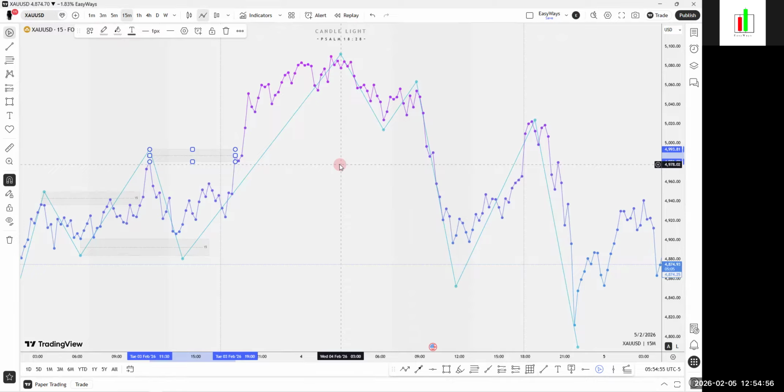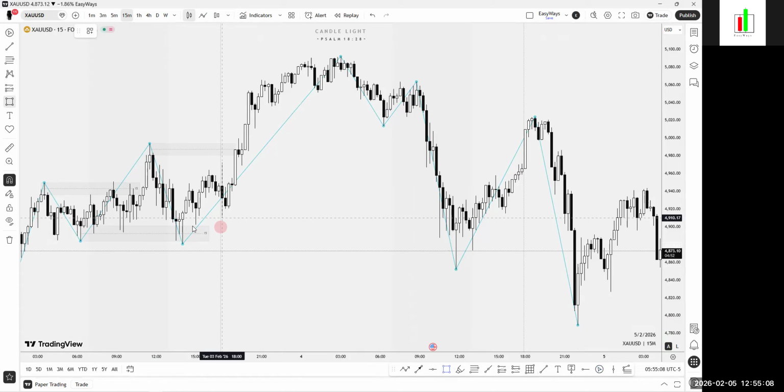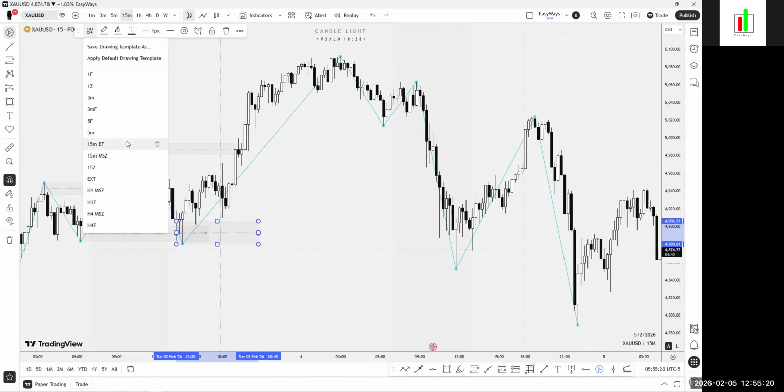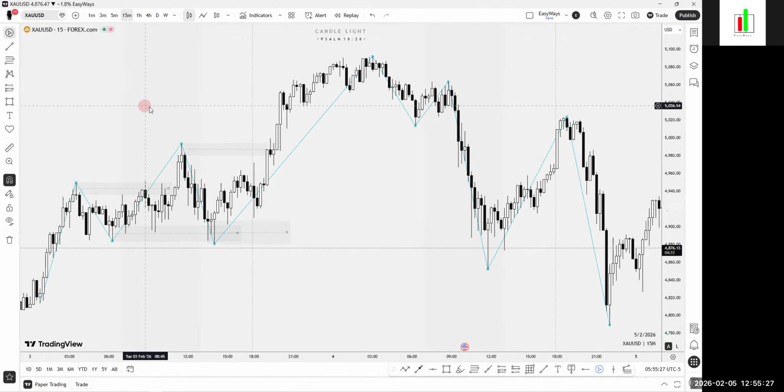So you'll see why zones are so important and not just a line. That's how you mark that high, and then marking this low, it will be the lowest body close, not the open. The open is here, the close is here, and the lowest wick over there. So this will be the low. This is how we mark them.